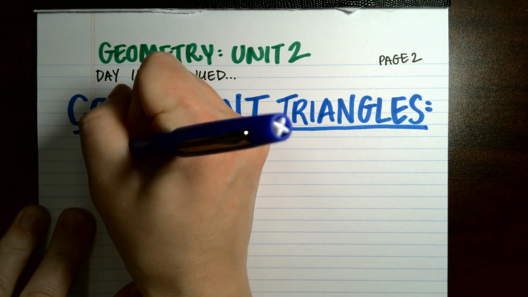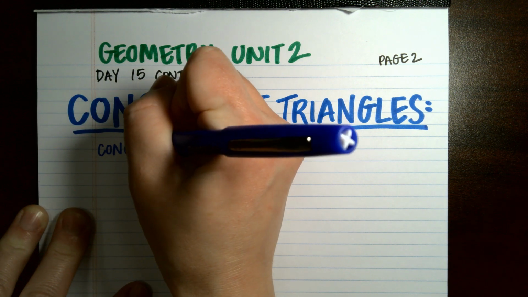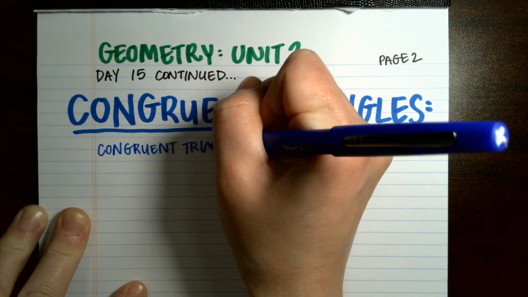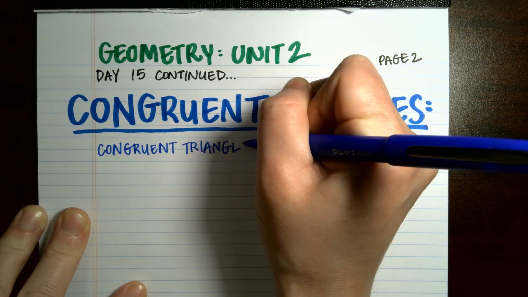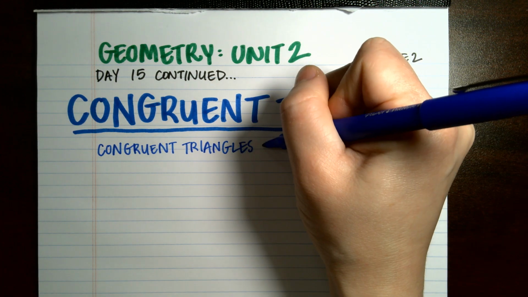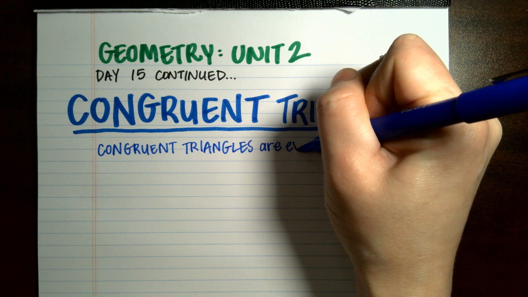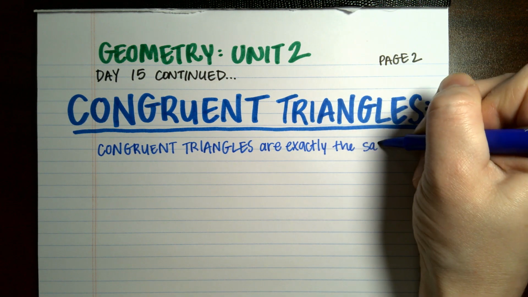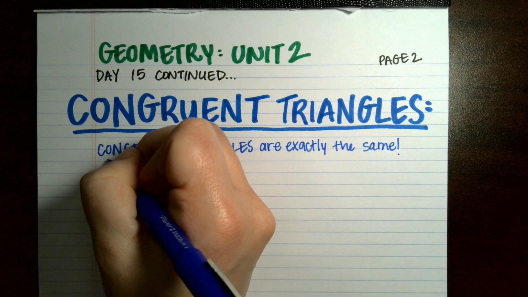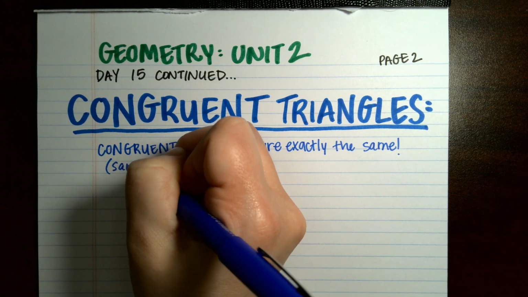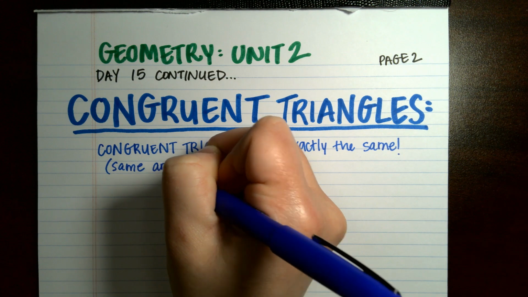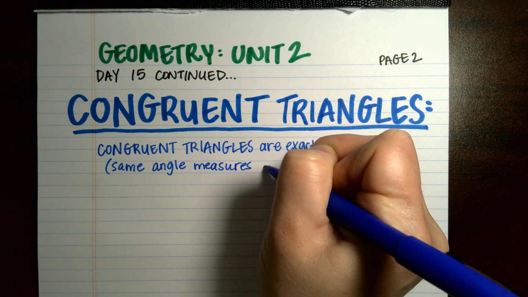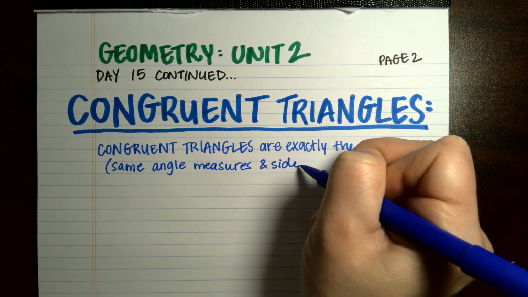So congruent triangles are exactly the same: angle measures and side lengths.